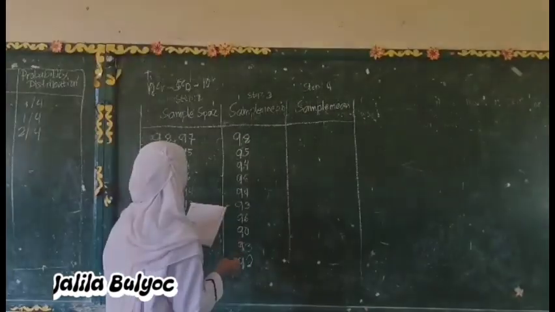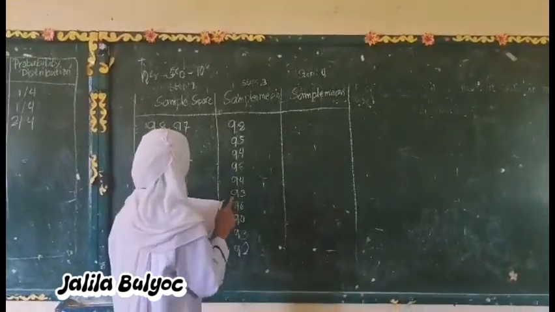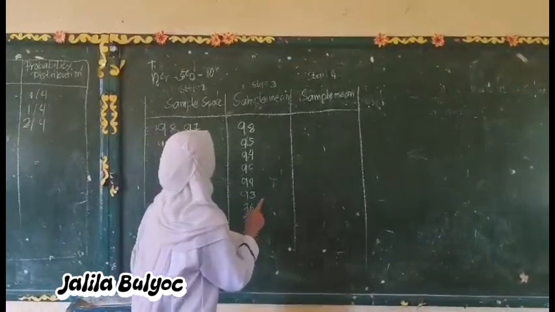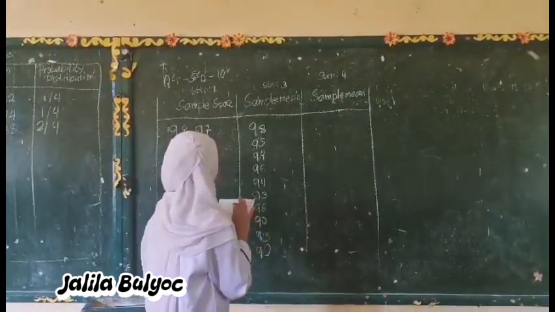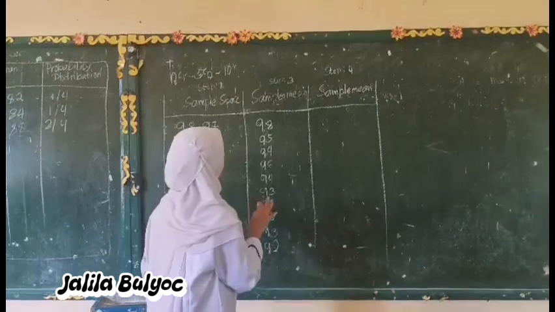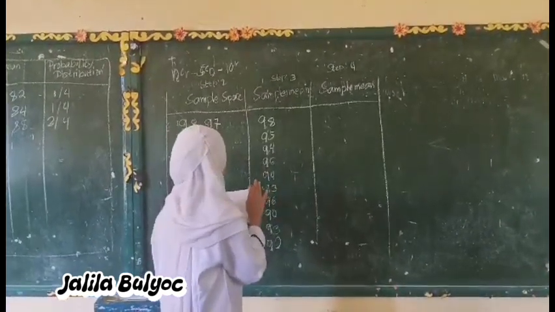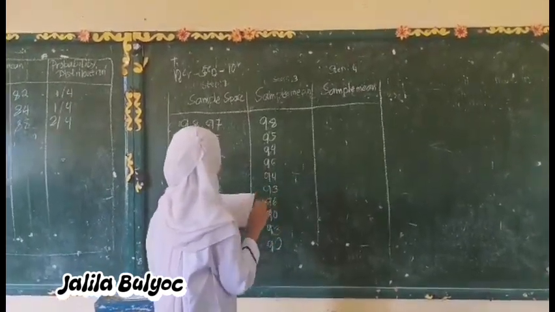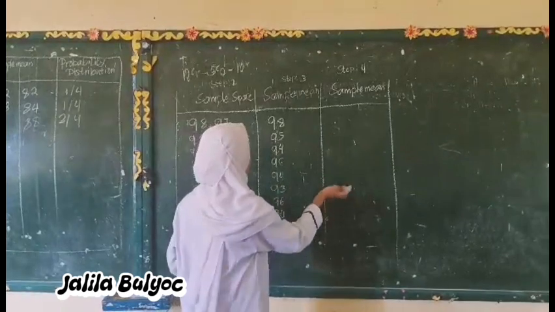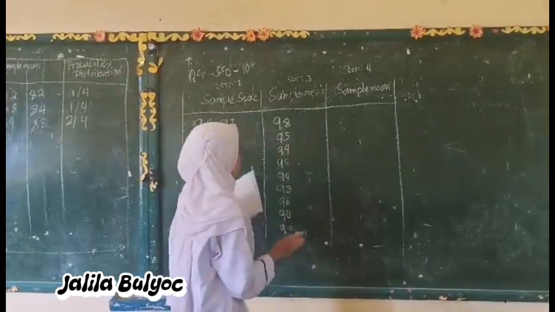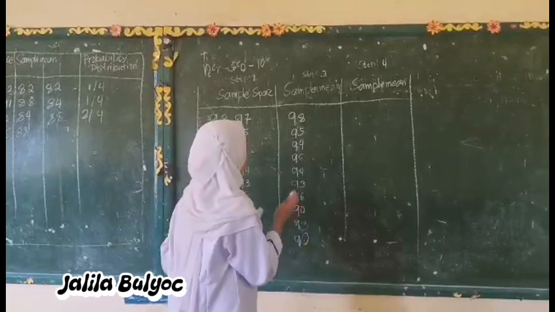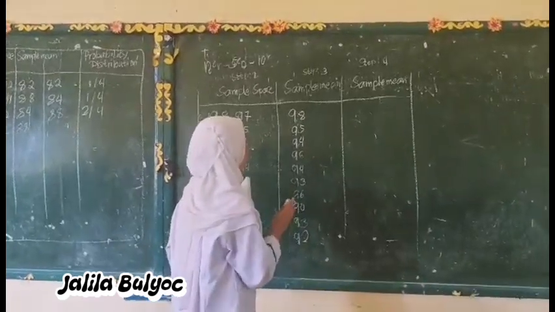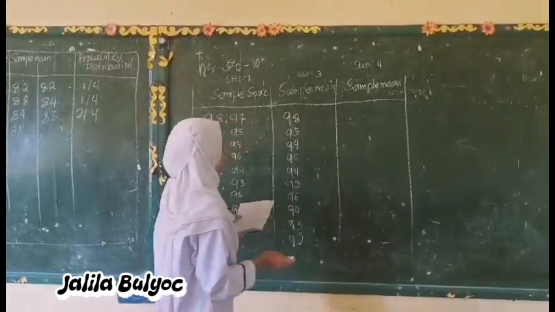Now that step 3 is done, we proceed to step 4, which is getting the sampling distribution of the sample mean. To get it, we take the values from the lowest value to the highest value.